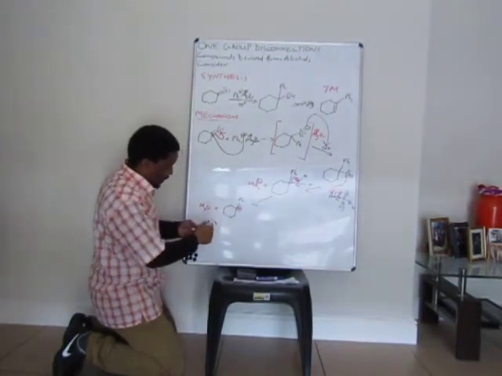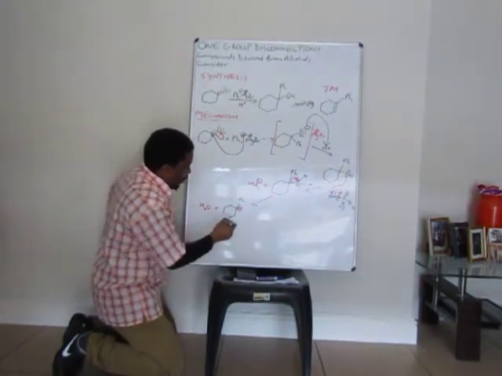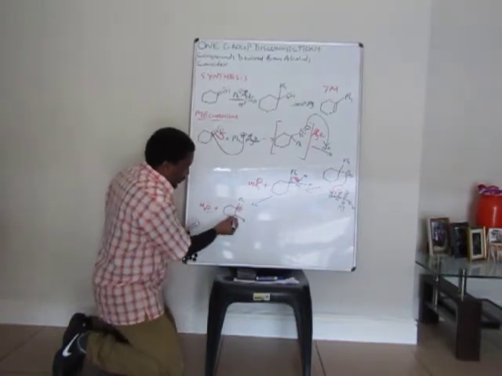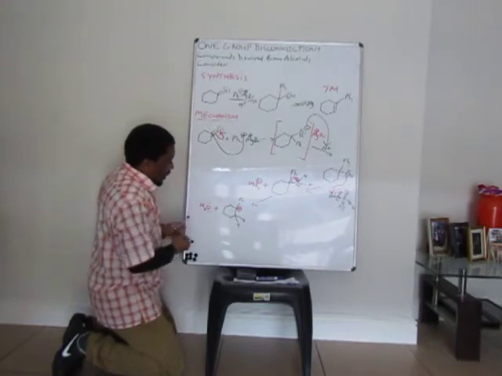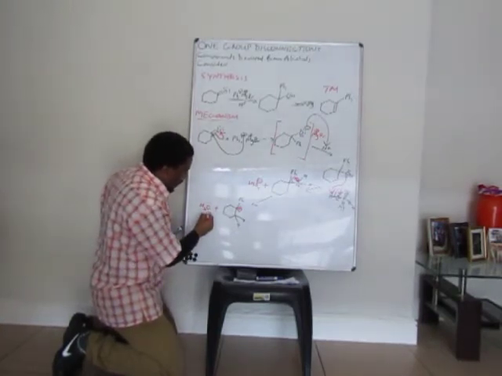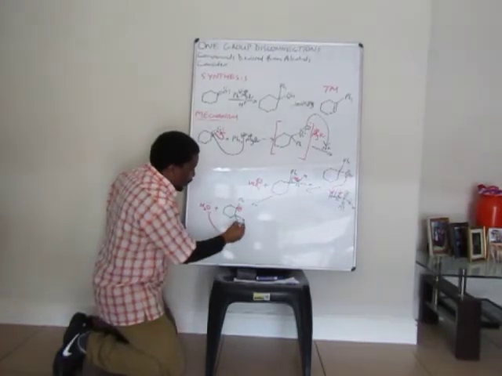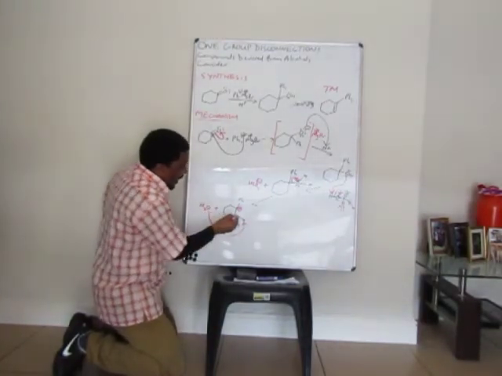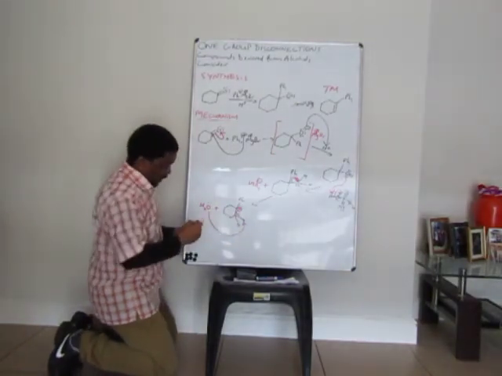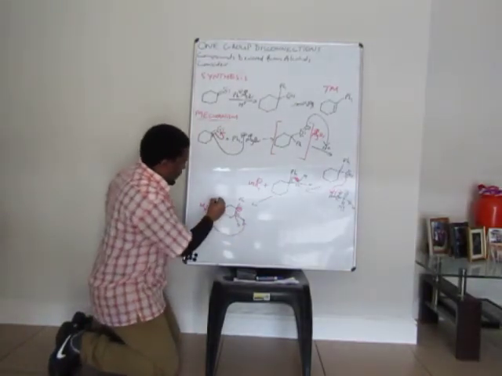Now, in the neighborhood, I've got hydrogens here. The water will come and pick up one of the protons, as that proton leaves behind the bond pair it shares to generate a double bond in that case.